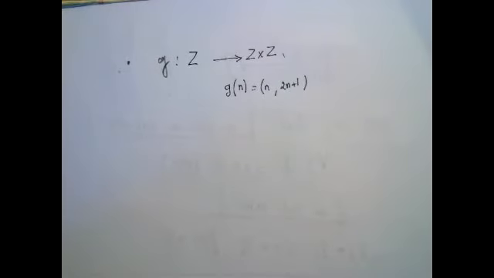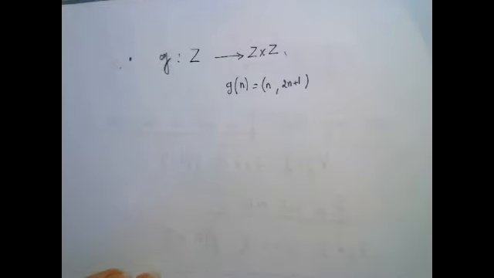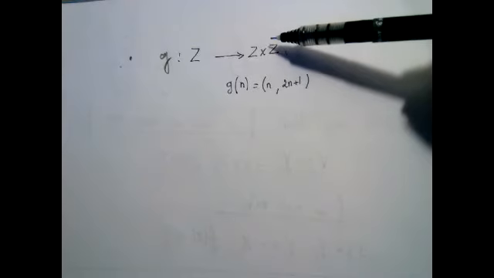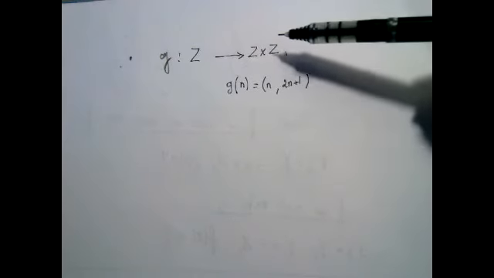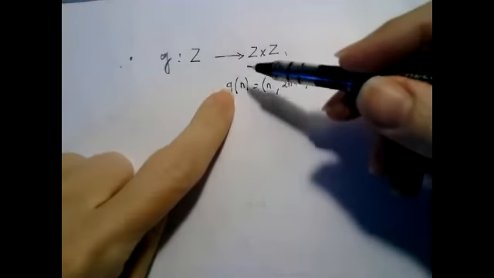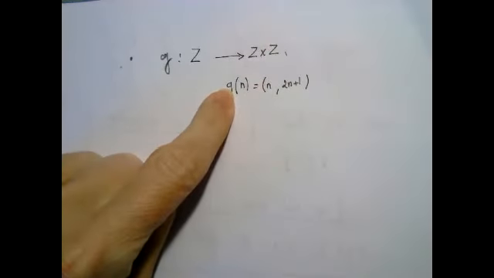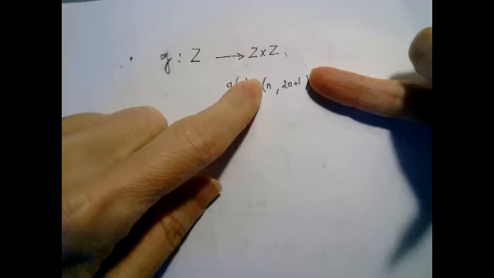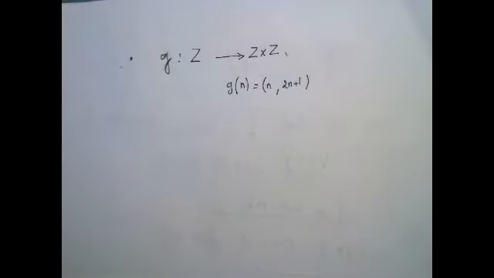I want you to look at this function for 1 minute and tell me, is it onto or not onto? Analyze it a little bit. Look at the output. Is your output covering everything in Z cross Z? As n takes every possible integer value, is the output taking every possible ordered pair? Just by looking at it, and then we argue correctly.